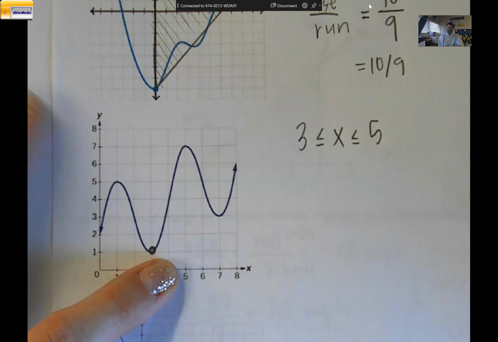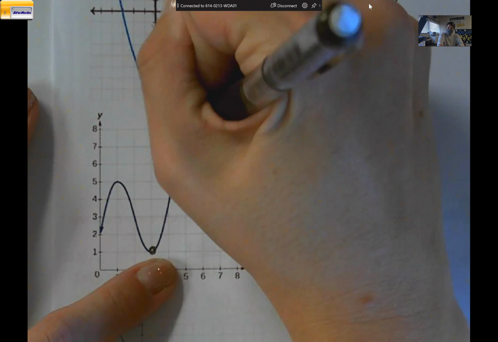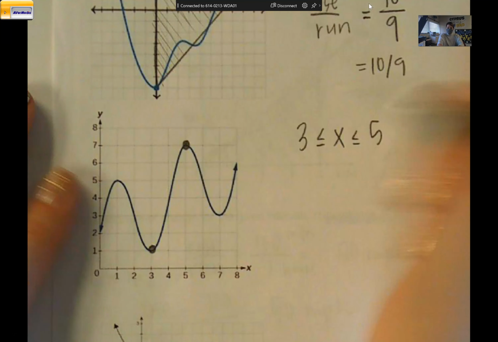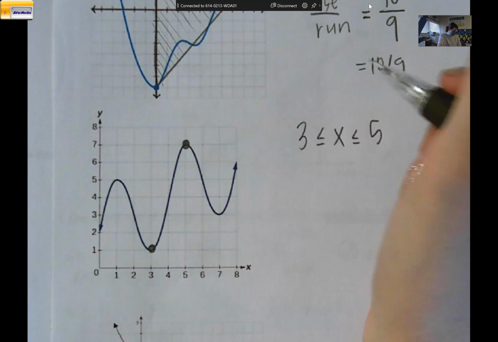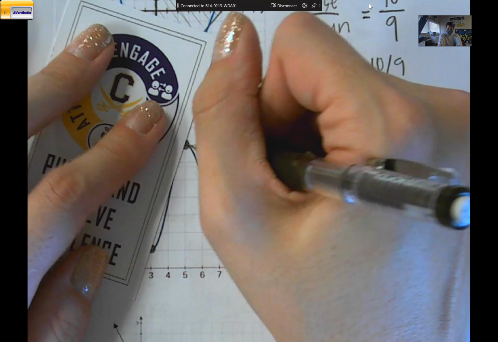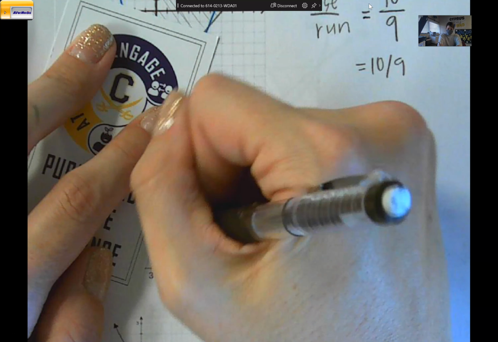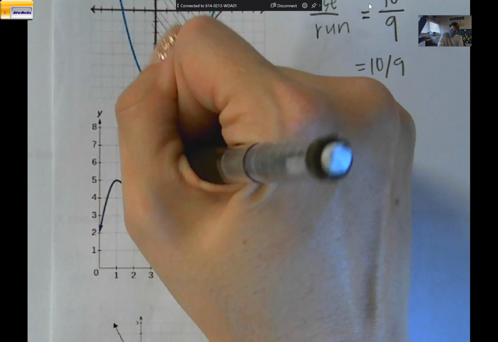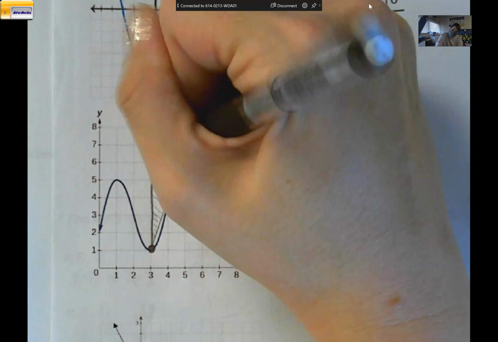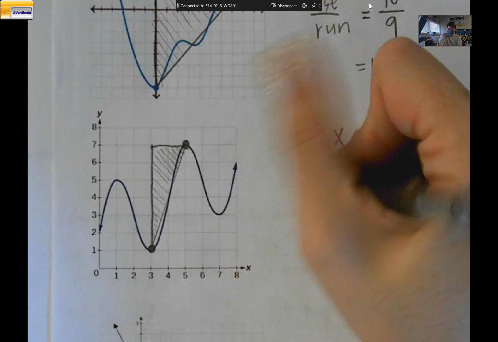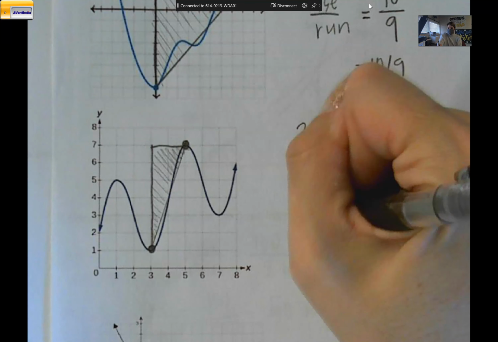Go to x is 5, mark your graph. What should we connect those with if we want to? A straight line. Yes, a straight line. Now this part isn't required, so if that ain't your jam, don't do it. And now you can make a triangle that might help you see the rise and the run, which is your average rate of change.